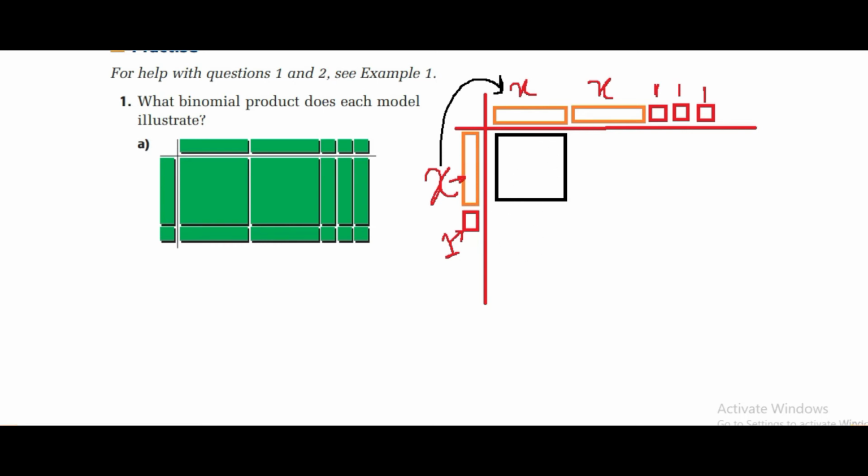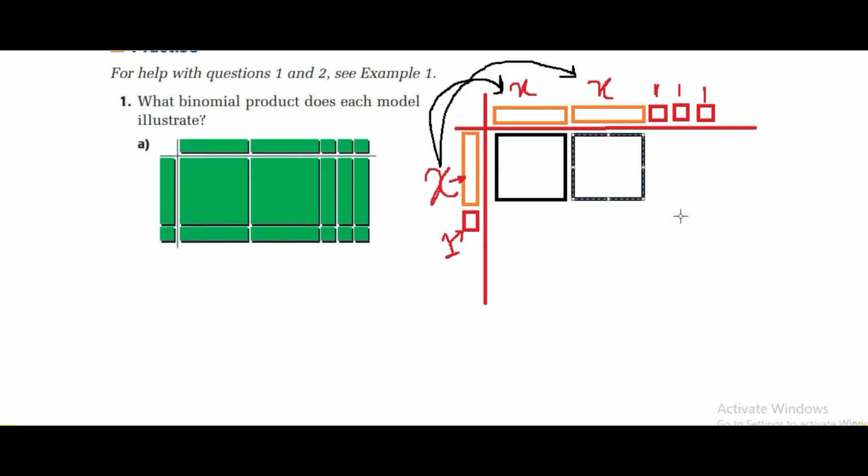Then when you multiply the vertical x with the second horizontal x, you get another x square.